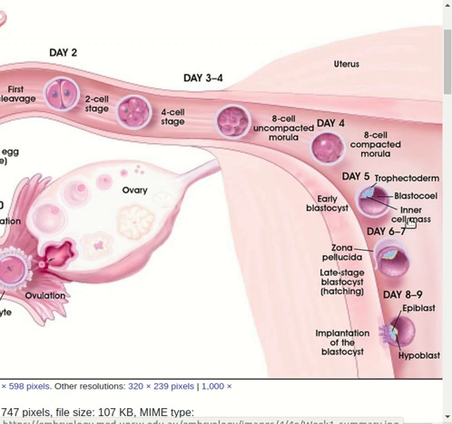It bores a hole into this zona pellucida, and it begins to directly interact with the maternal endometrium. It undergoes cell division again, resulting in the late blastocyst stage, after which implantation occurs. So that's about day 6 to day 9.